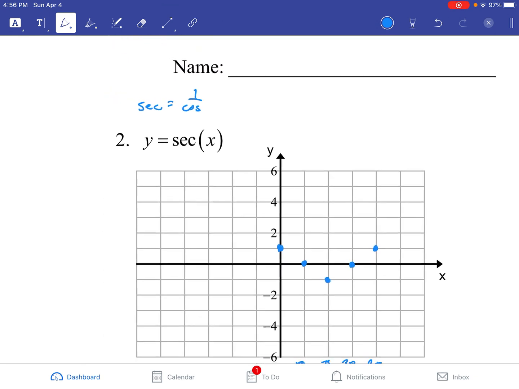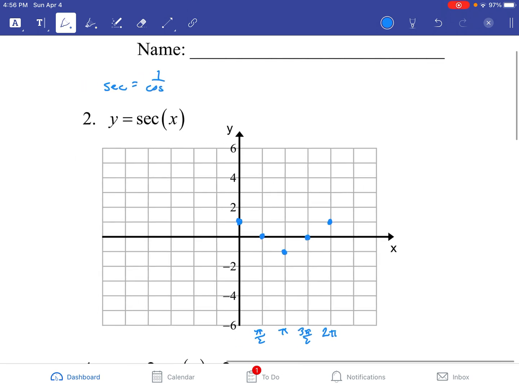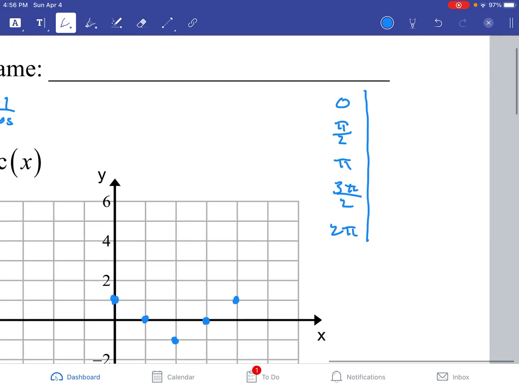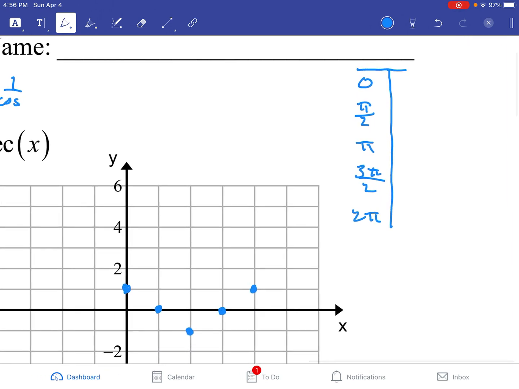So let's take those points just like we did in the last problem. So we had 0, pi over 2, pi, 3 pi over 2, and 2 pi. So we're going to make our little chart here.